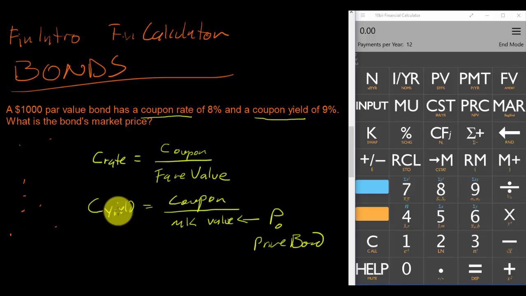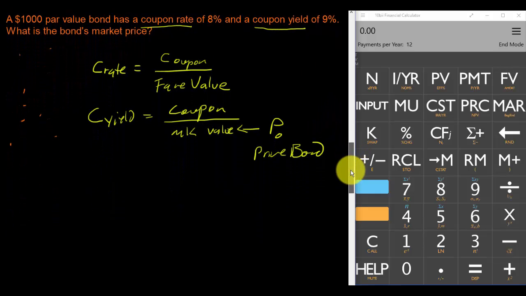I have coupon rate, I have coupon yield, and I've got some face value here. So now I can actually work with this question a little bit. All right, let's give it some space. So what do I know? I know coupon rate is 8%. So my 8% is equal to the coupon over face value, which is the $1,000.